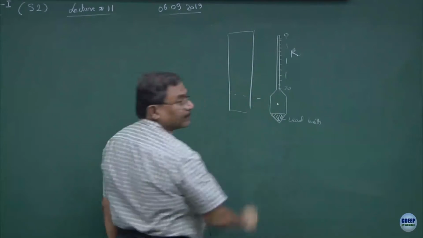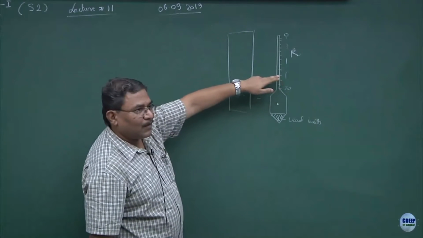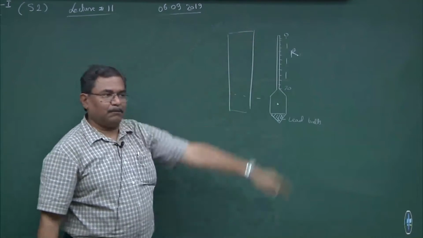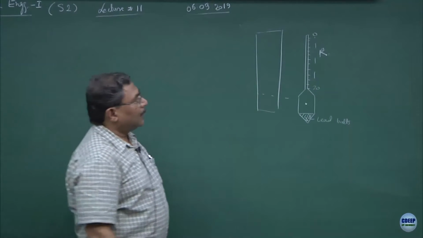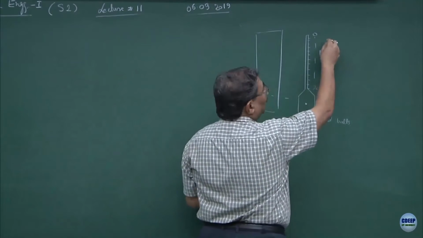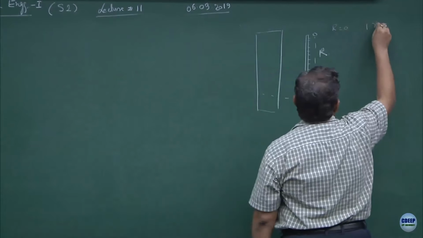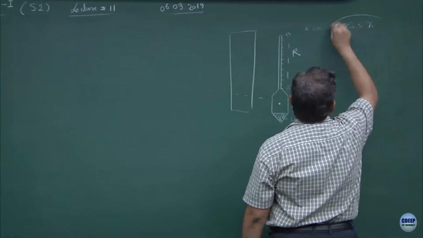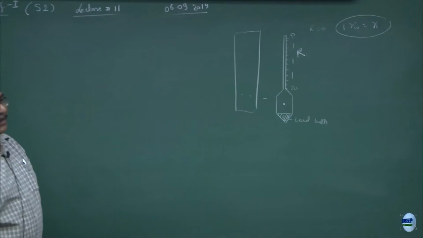If this becomes lighter, what happens to R? It goes up. R equal to 0 will indicate 1 into gamma W, where gamma W is the unit weight of water.